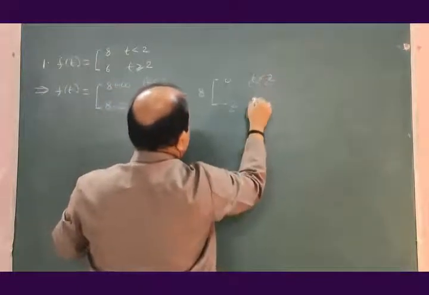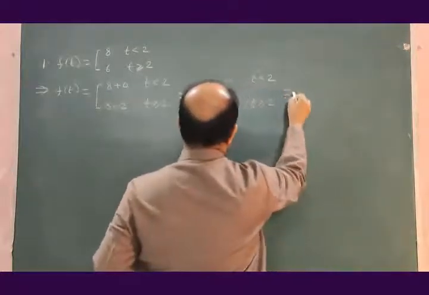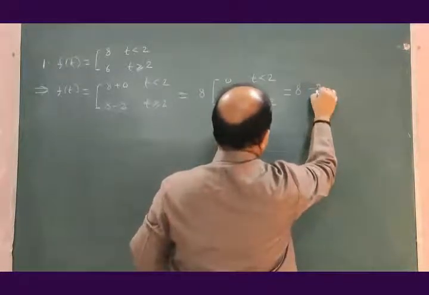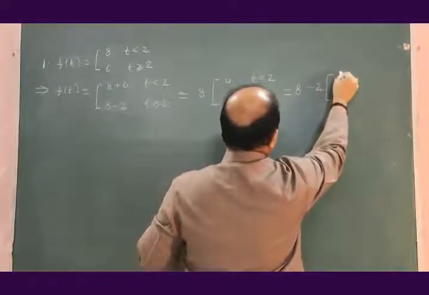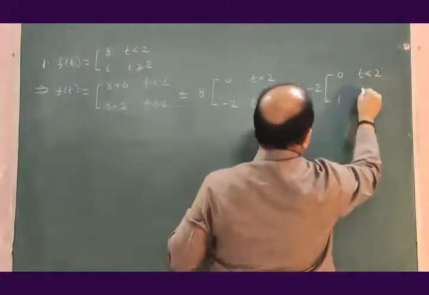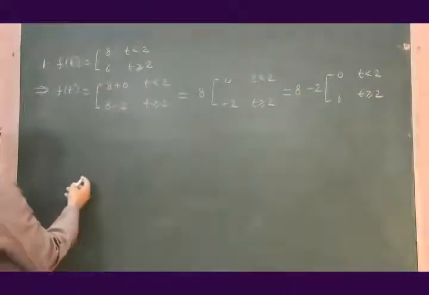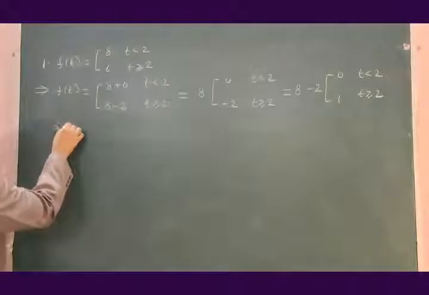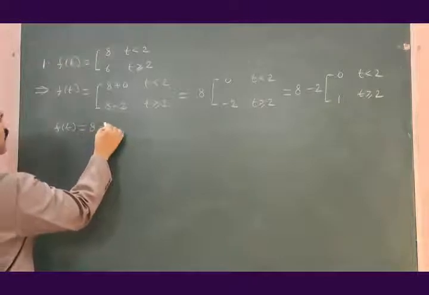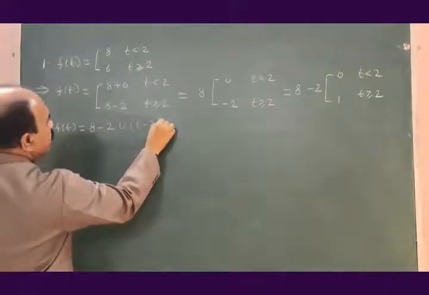This is equal to 8, minus 2 is taken common, what is left? 0 here, 1 here. This is for t less than 2, this is for t greater than or equal to 2. And that is nothing but f of t is equal to 8 minus 2 u of t minus 2.